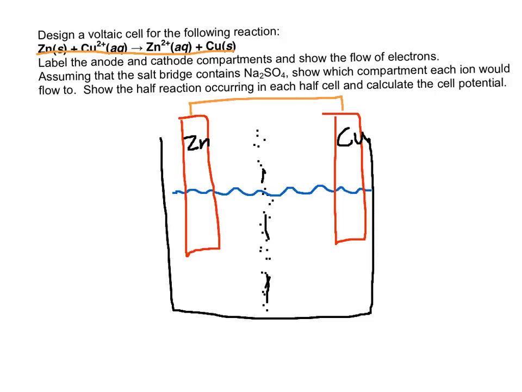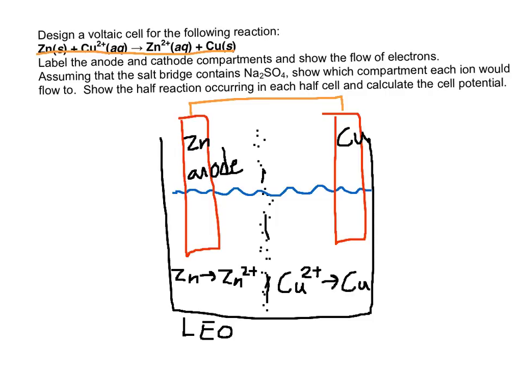I see that my zinc has lost electrons, so it's undergoing oxidation, so it's my anode. I see my copper has gained electrons, so it's undergoing reduction, so it's my cathode. I know electrons always flow from anode to cathode.